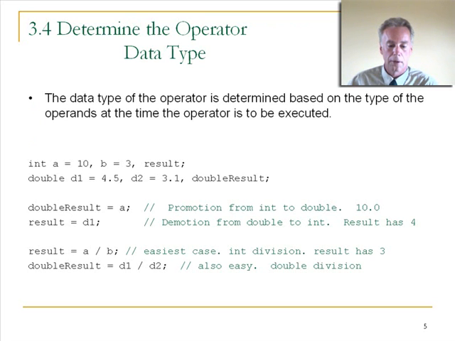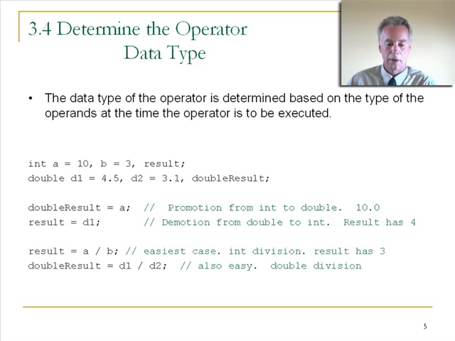First of all, double result gets A. A has 10 in it, which is an int. The assignment operator needs to have a data type. So should we pick the int data type or the double data type? Because we've got A on the right, which is an int, and double result on the left, which is a double, C will always choose to promote, or go to the larger data type, when it has the option.